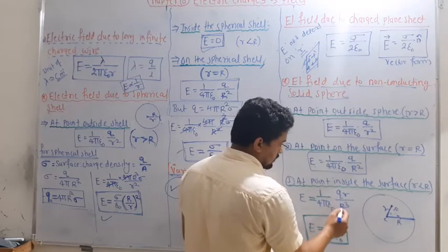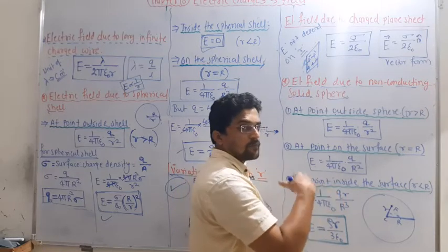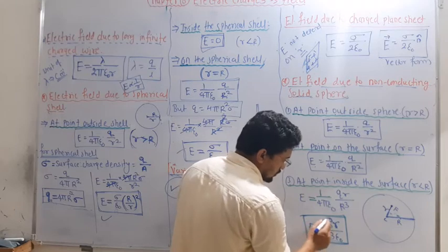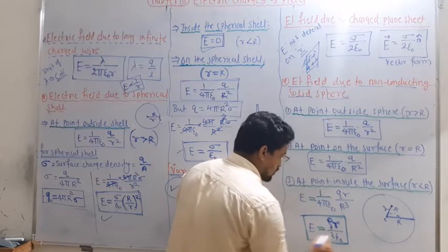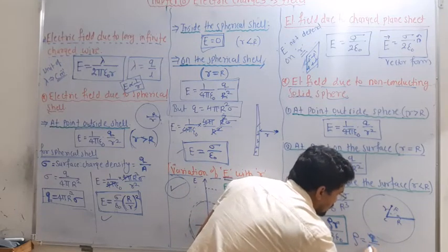If you substitute the value of Q in terms of the volume charge density, you get E = ρr/3ε₀, where ρ is the volume charge density, that is, charge per unit volume.